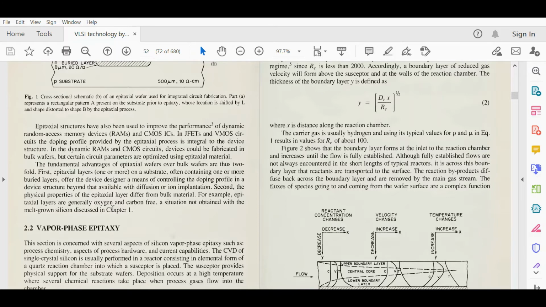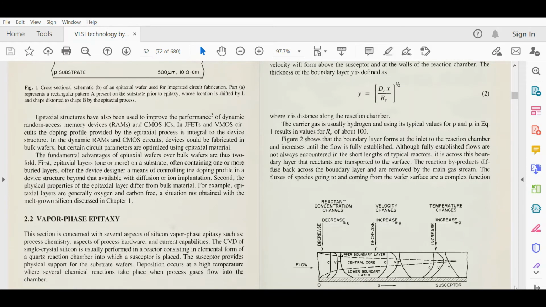We needed to remove that oxygen layer using some high temperature techniques. But in the case of epitaxial layer growth, oxygen and carbon are not present. So our time, effort, and cost are also saved. This is how epitaxial growth has been introduced in this chapter.